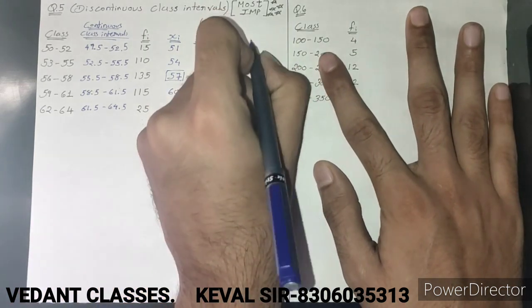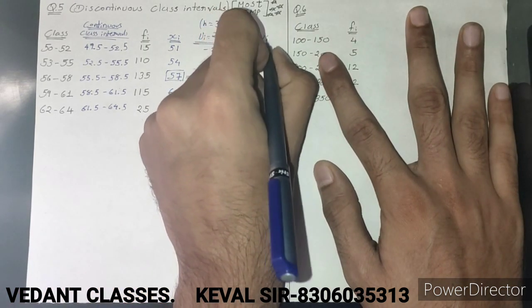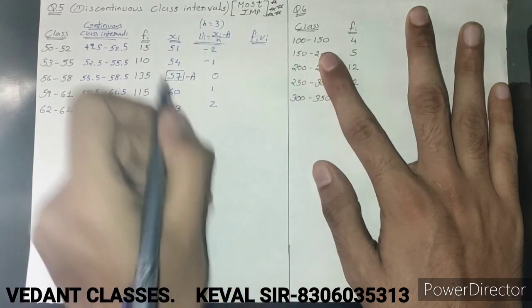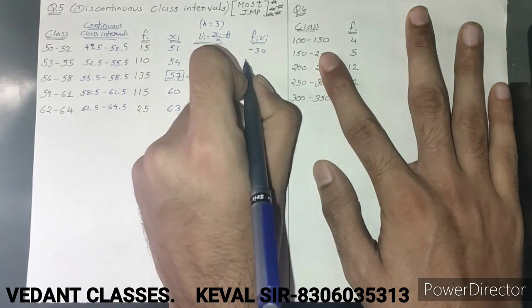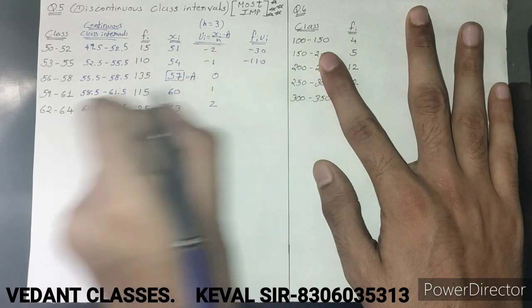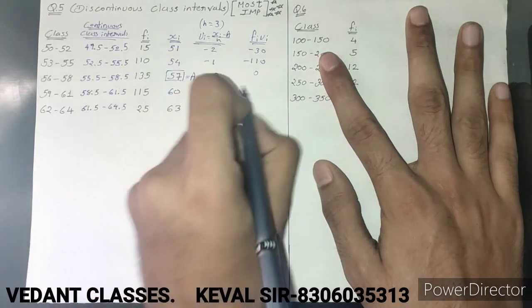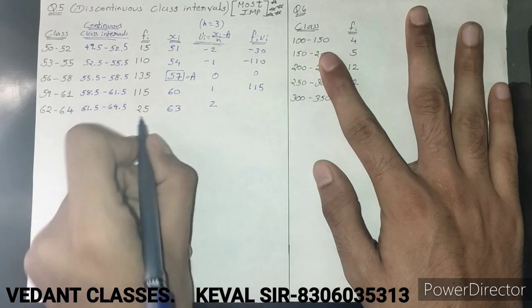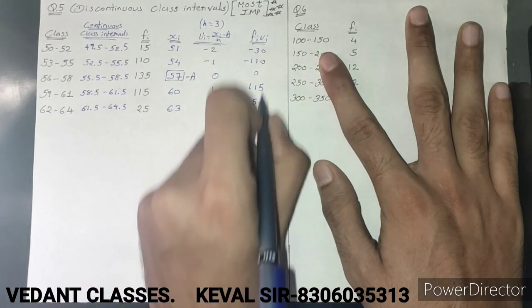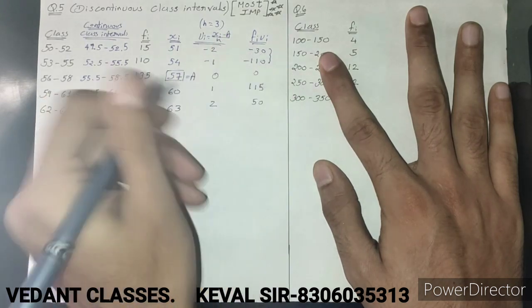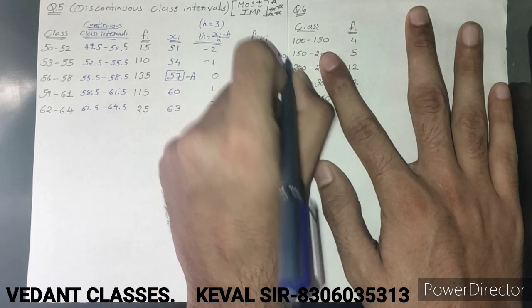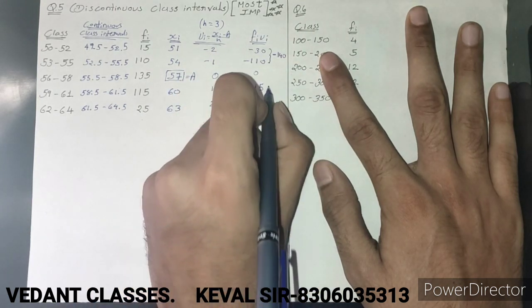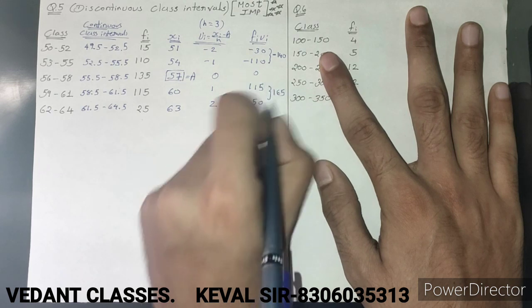Now let's calculate the value of fi ui. Now this will be minus 30, this will be minus 110, this will be 0, this will be 115, and this will be 50. So here the net value is minus 140, and here the net value is 165.